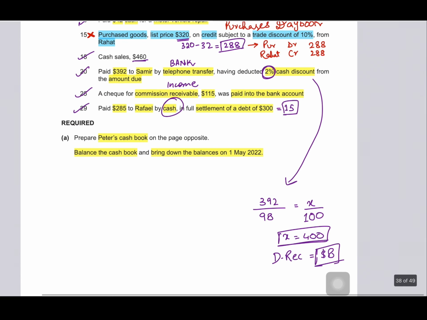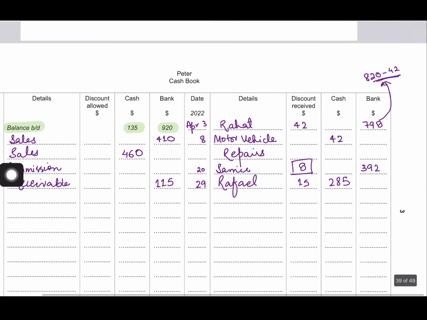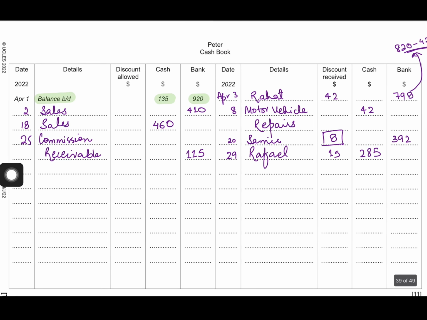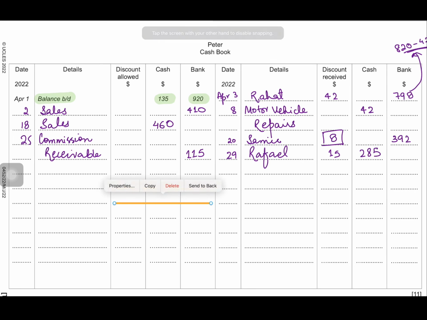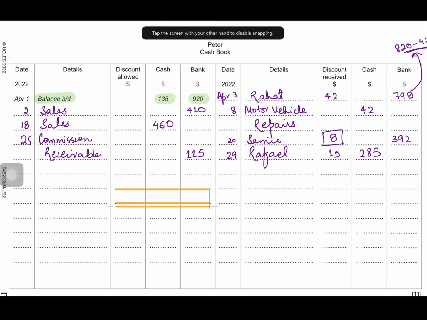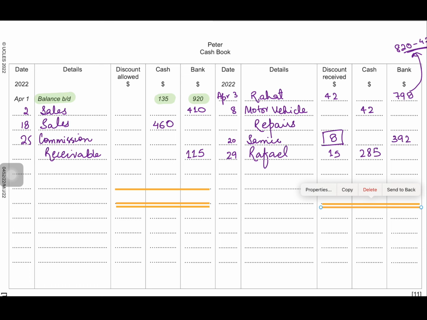Now we have prepared the cash book. Now only the two final requirements are left, that is to balance and bring down the balances on 1st May 2022. So how do we do that? We already know that the discount columns in the cash book aren't balanced, they are just totaled, and bank and cash columns are balanced because it is a day book as well as a ledger for cash and bank only.